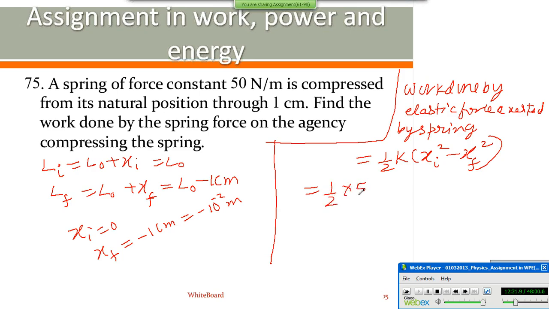Here k is 15 Newton per meter, xi equal to 0 meter, xf equal to minus 10 power minus 2 meter. You can try to simplify it further.